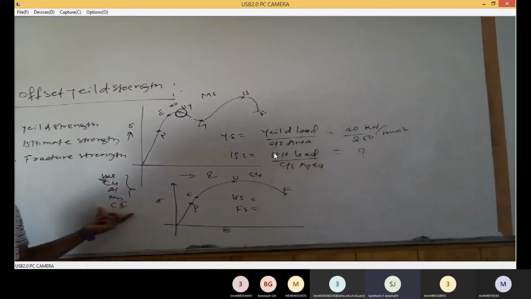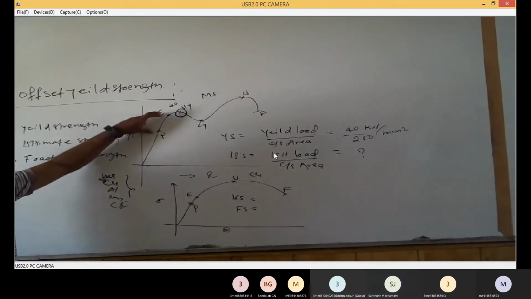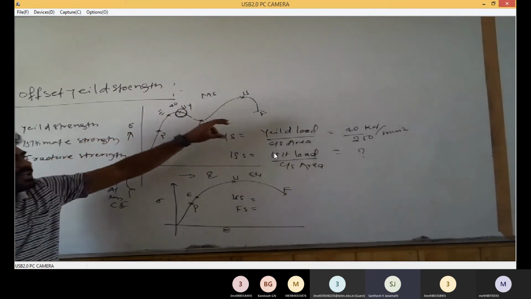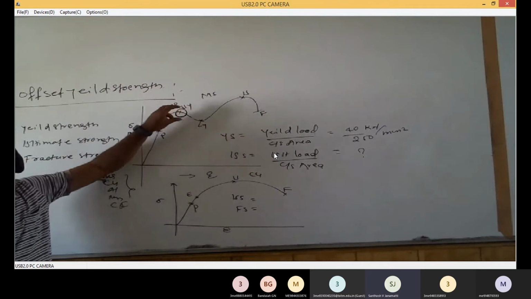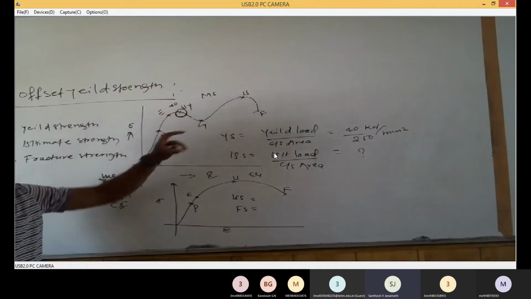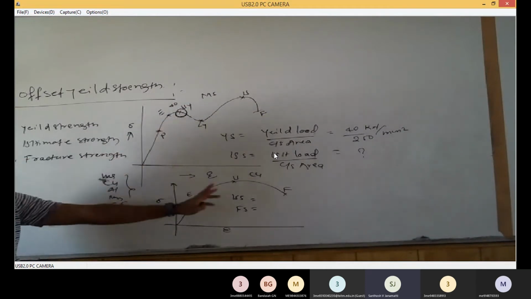Each and every material has a yield point. But among all these, some materials will show a graph with a definite yield point, definite ultimate, and definite fracture. Some materials will not show like this. They will show like this.